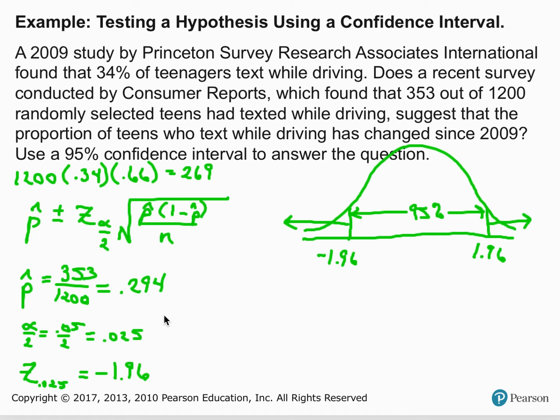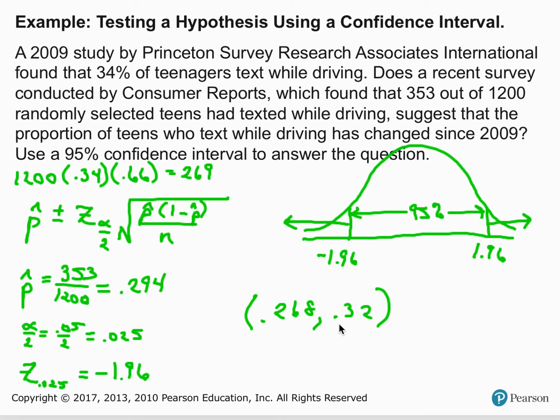All right, X is 353, n is 1200, confidence level 0.95, and let's calculate. And it tells me, either by plugging into my formula or my calculator, I get 0.268 to 0.320. So 0.32, 0.31995 is what I got.